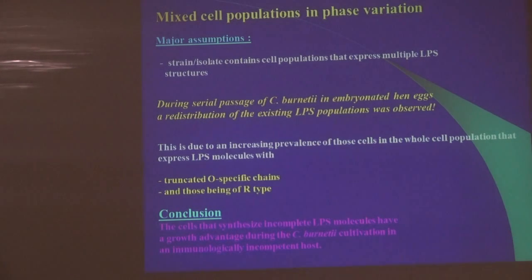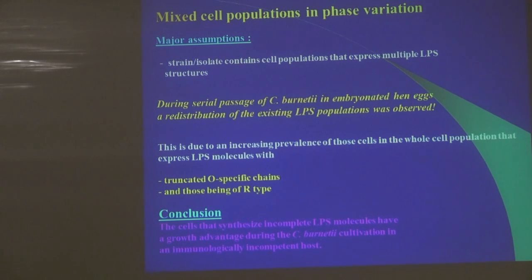So what are the major assumptions here? That the strains or isolates contain a cell population that expresses multiple LPS structures. That's the first postulate. And that's what I already said: during the serial passage in embryonic eggs of Coxiella burnetii, a redistribution of the existing LPS population takes place, due to the increasing prevalence of those cells in the whole population that express LPS with a truncated chain, those being of R-type.